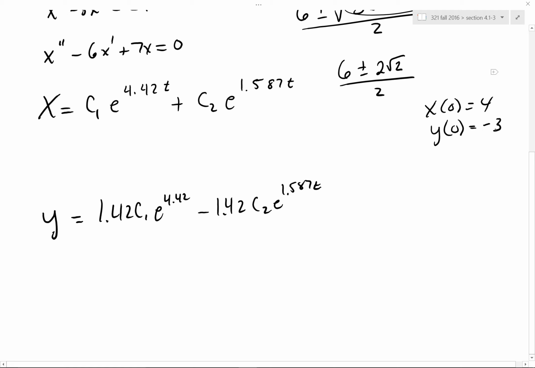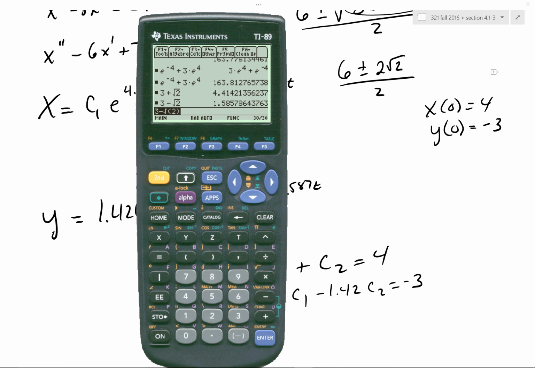I don't know. Who knows? So if I do that, I get c1 plus c2 is equal to 4. And I get 1.42 c1 minus 1.42 c2 equals negative 3. Now, that's not too bad to do by hand, but I'm just going to go ahead and review how to solve it on the calculator.